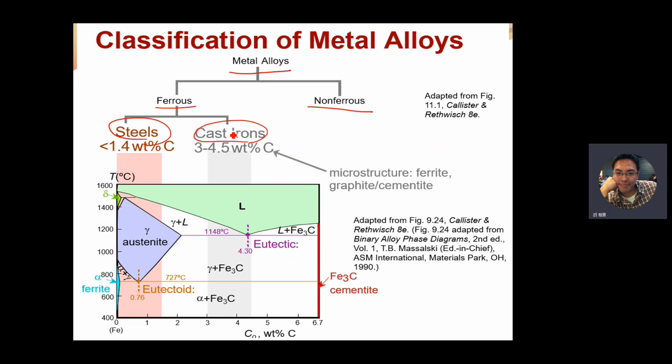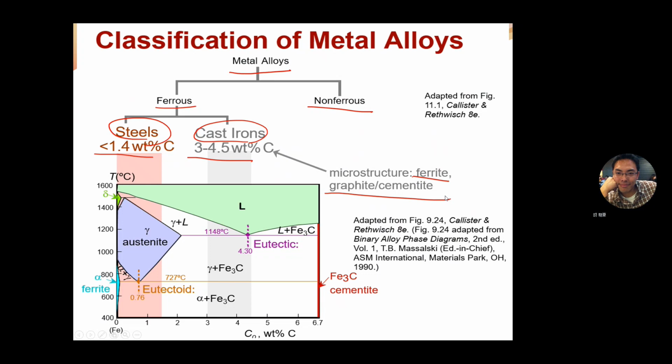For steel, the carbon content is less than 1.5 weight percent, and for cast iron, the carbon content should be within 3 to 4.5 weight percent. The microstructure of cast irons consists of ferrite and cementite or graphite.